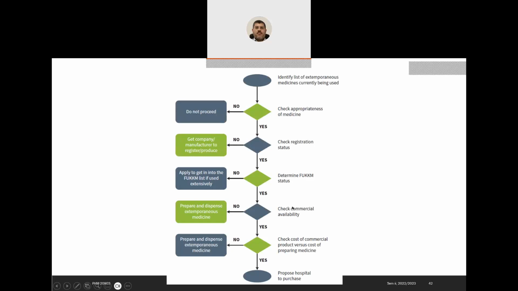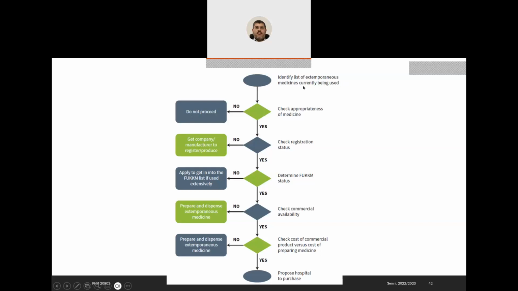So you have Malaysian guidelines regarding extemporaneous compounding. You can find them, I think, on the pharmacy board website. They have some guidelines. So here are the steps to decide whether or not to prepare an extemporaneous drug preparation.